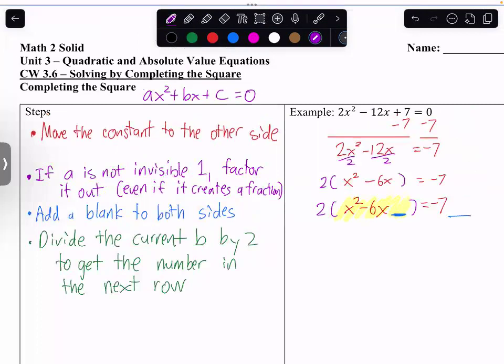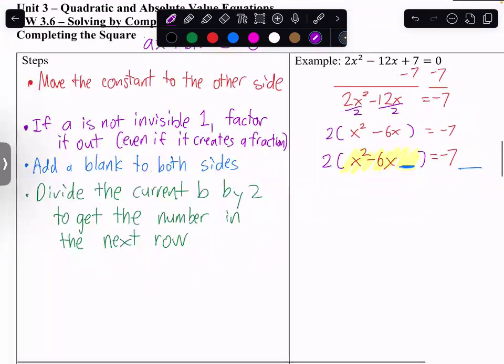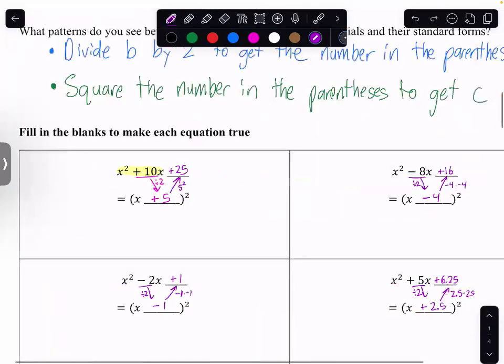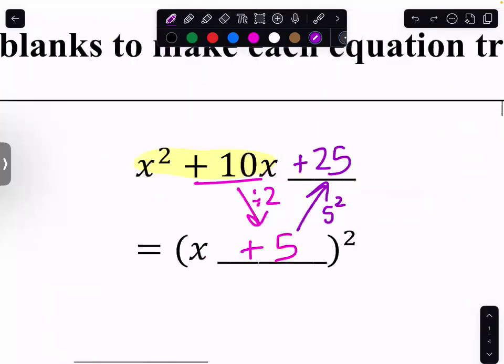This step is maybe the toughest one to understand at first. We're going to keep this outside 2, but our goal is to rewrite this trinomial as a perfect square binomial. As Rubaiyat noticed on the front side, the squared moves to the outside of the parentheses.